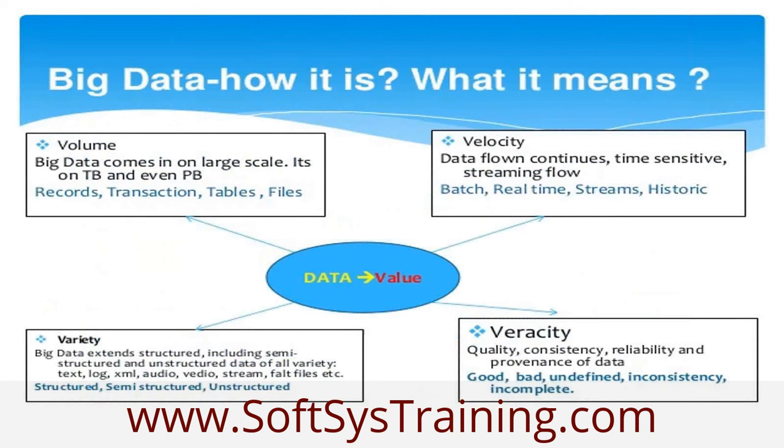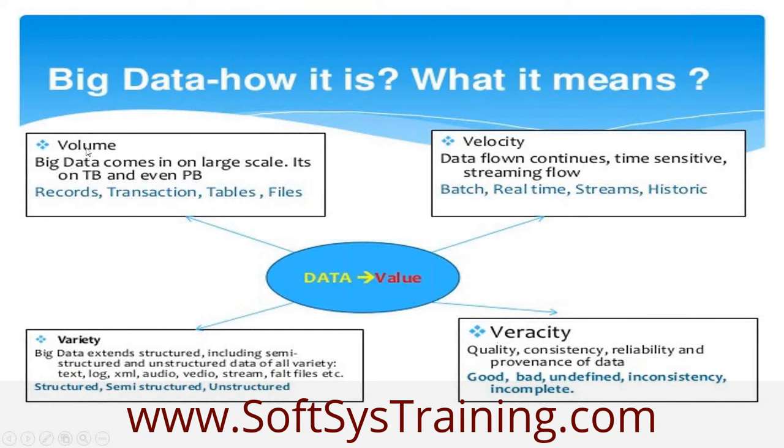So what is big data and what does it mean? Big data is mainly described with 4 V's. Actually, it used to be 3 V's, and now veracity has been included. Before that, there were only 3 V's: volume, variety, and velocity.